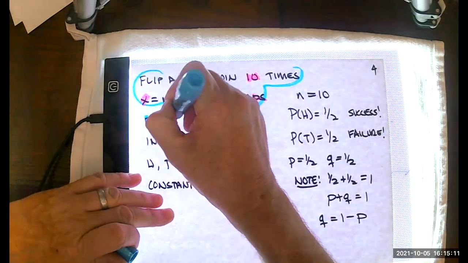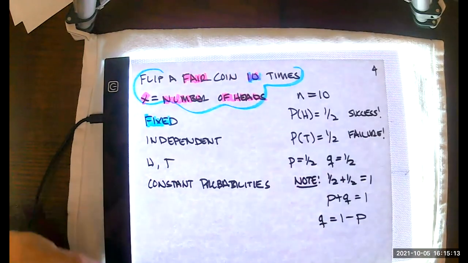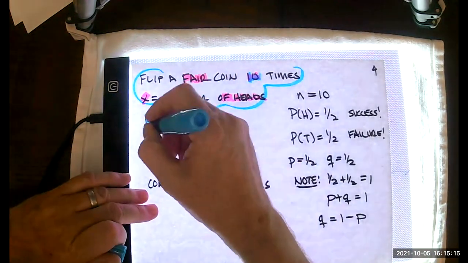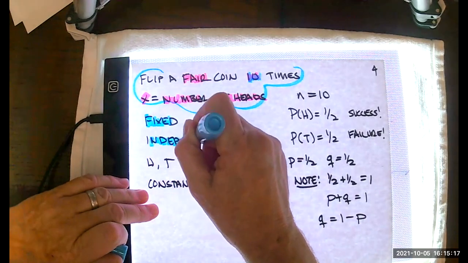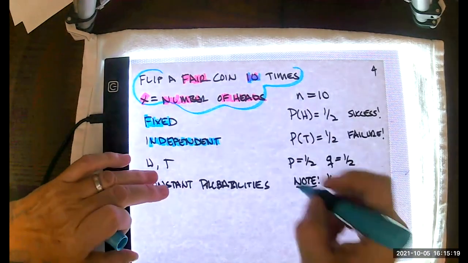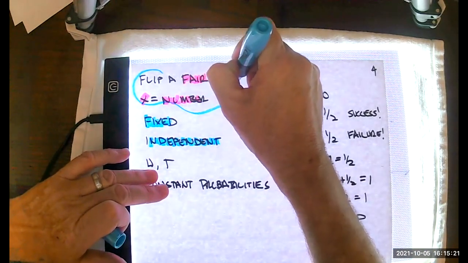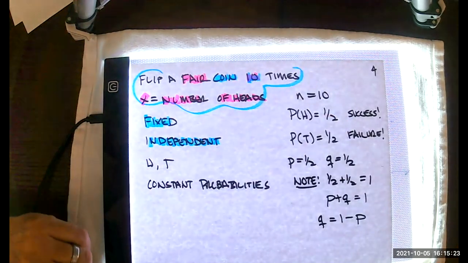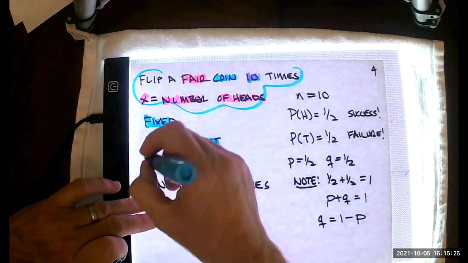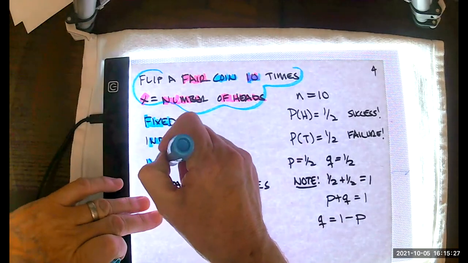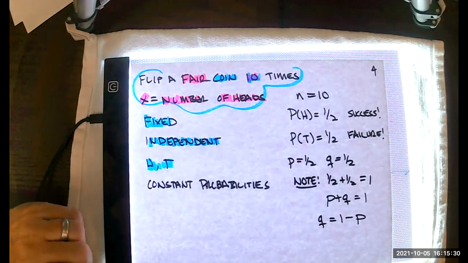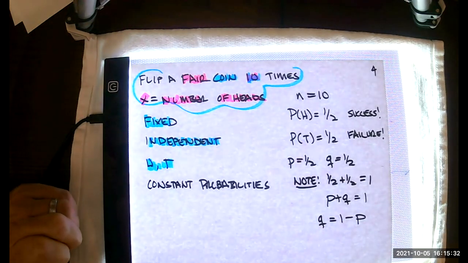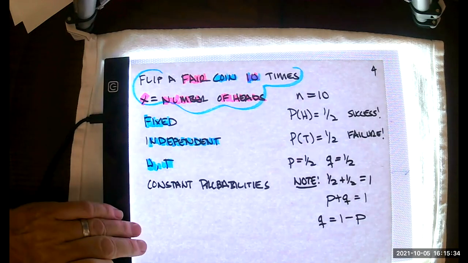Yes, I do, because we're going to flip our coin 10 times. Are the events independent? Yes. My coin does not remember. My coin tosses are always independent. Do I have two outcomes? Yes. Heads and tails. My coins do not land on the edge.